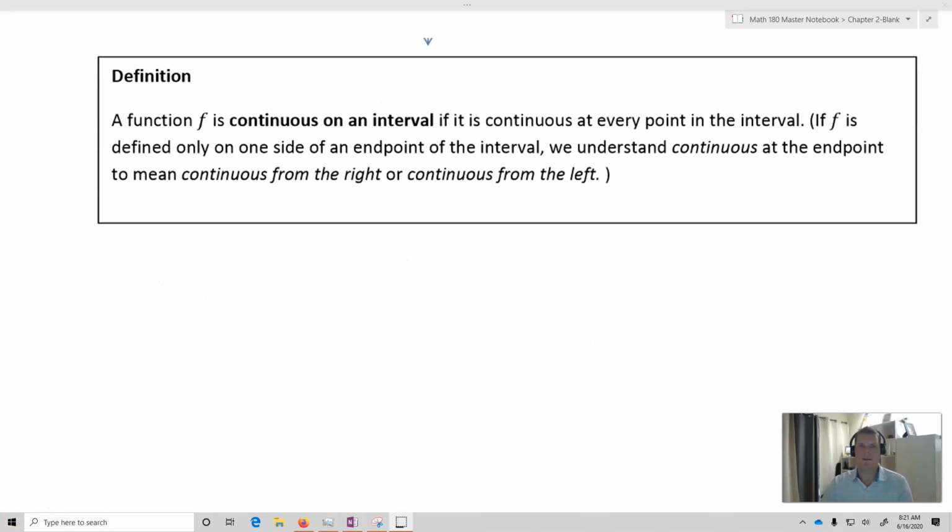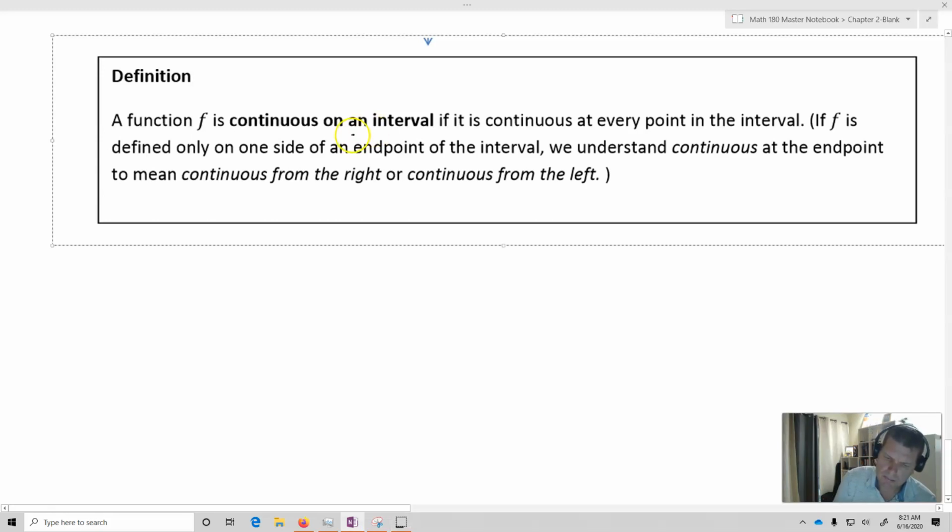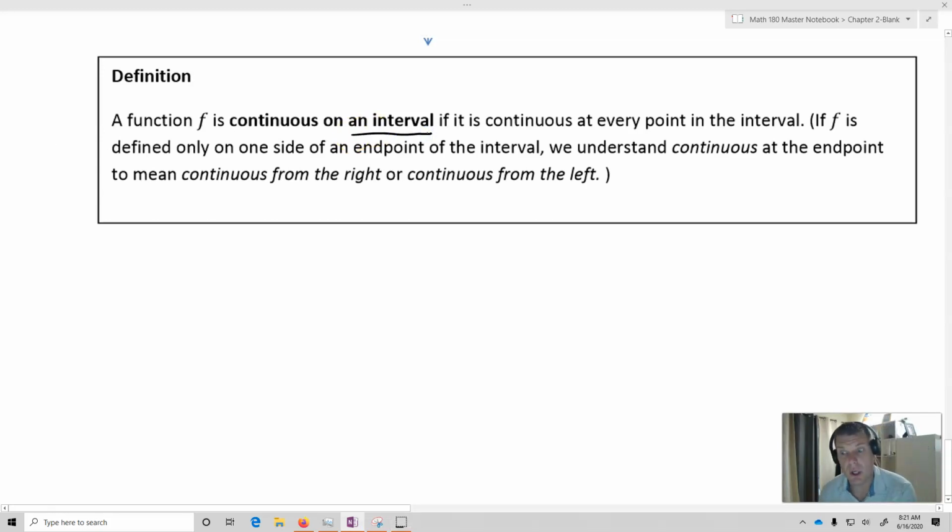So now let's define something being continuous on an interval. Instead of just looking at a single point, we want to know whether something is actually continuous on an interval. Be careful about words and language, because this is a totally different idea. I have an entire range of values for x, and I want to know whether or not the function is continuous on that interval.